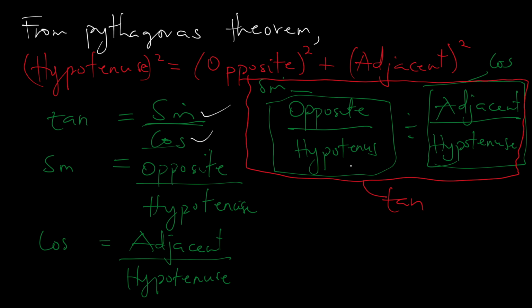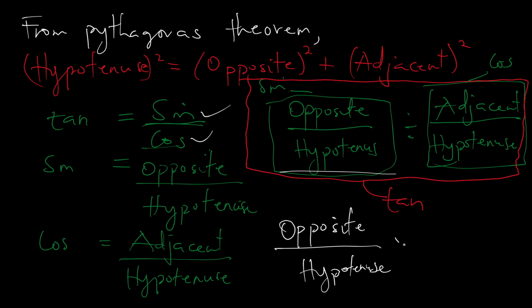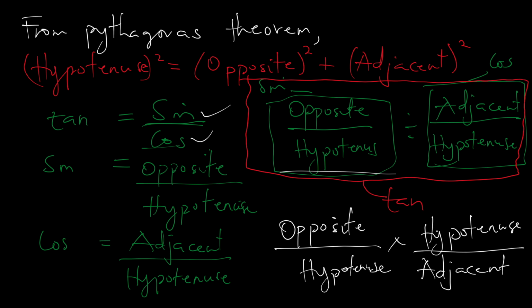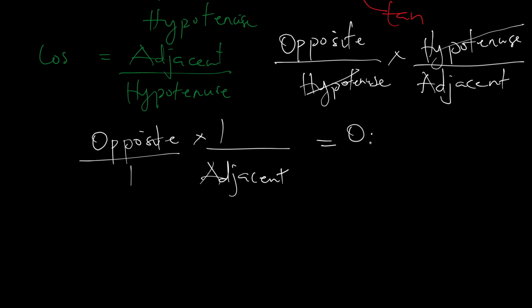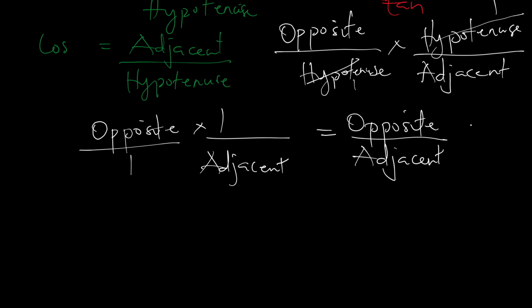So this whole expression is equal to opposite over hypotenuse times hypotenuse over adjacent. Hypotenuse cancels hypotenuse, and we'll be left with opposite times 1 over adjacent. And this is equal to opposite over adjacent, which is equal to tan.